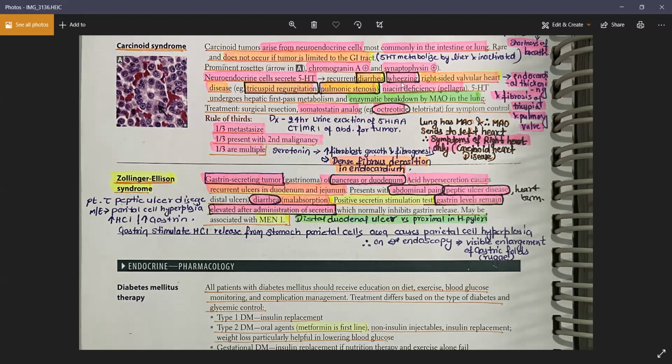So you will have an endocardial thickening, fibrosis, and tricuspid and pulmonary valve involvement. In the tricuspid valve, you can have a regurgitation. In the pulmonary valve, you can have a pulmonic stenosis, and a right-sided heart failure because of the fibrosis.